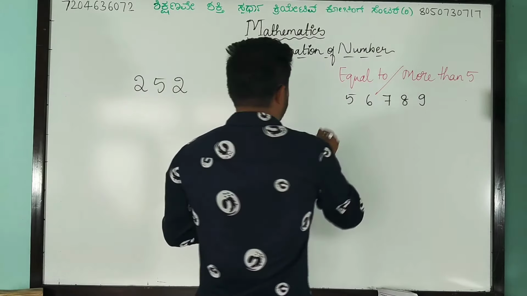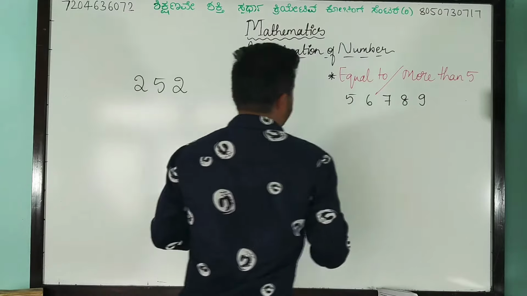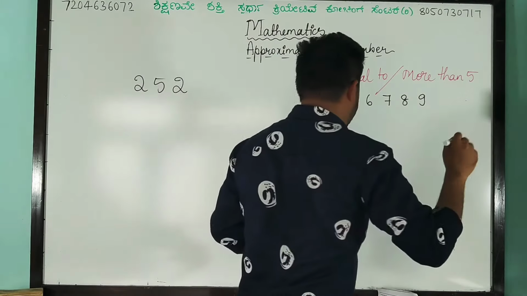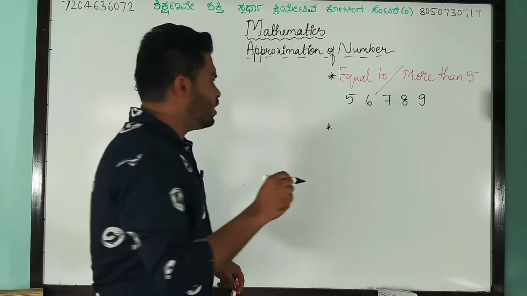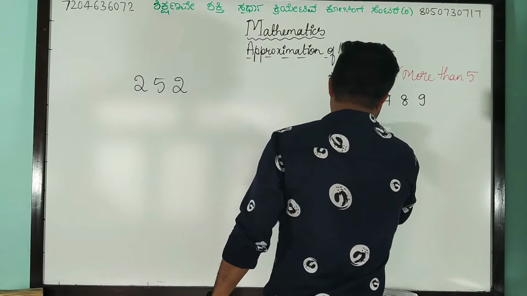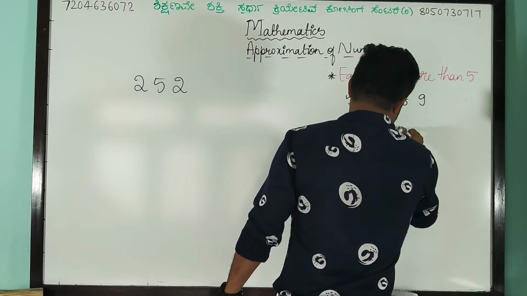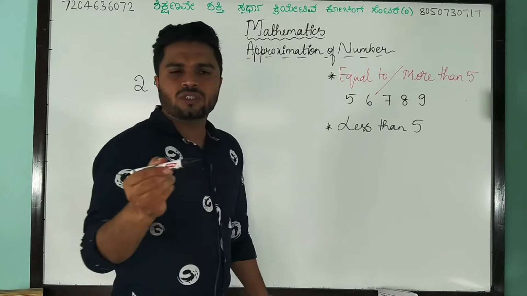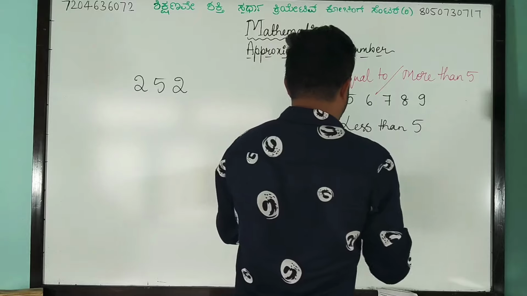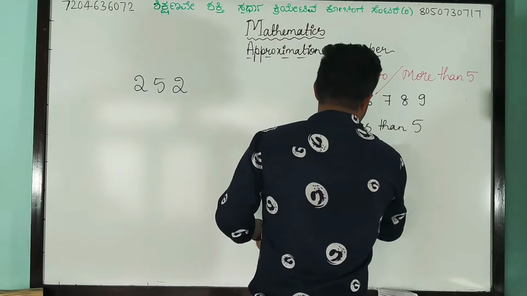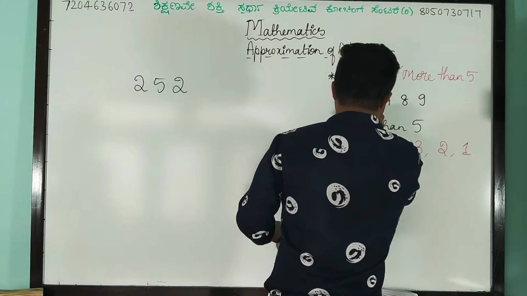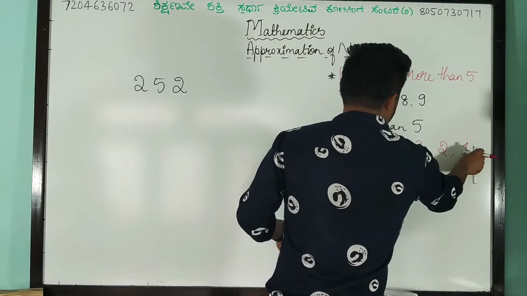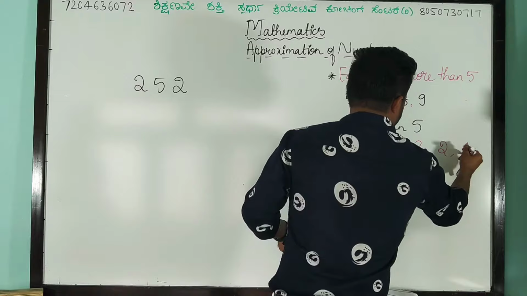This is one important point you can take. The next thing is less than 5. Less than 5 in the sense what, students? You can take it as 4, 3, 2, 1.